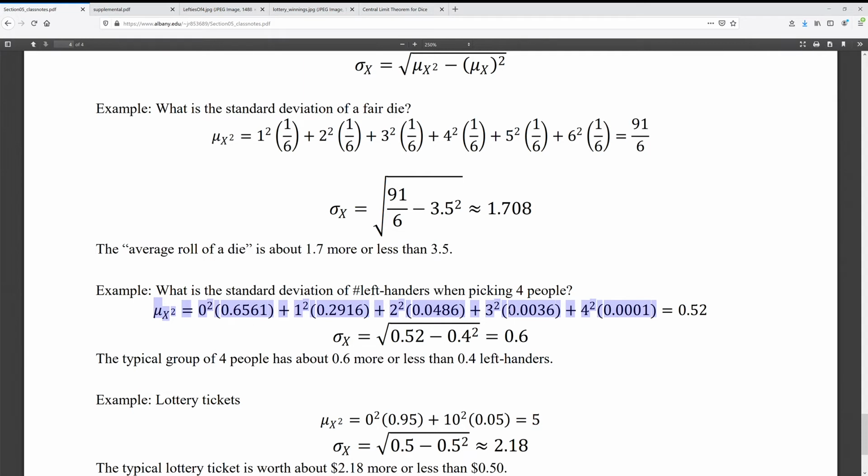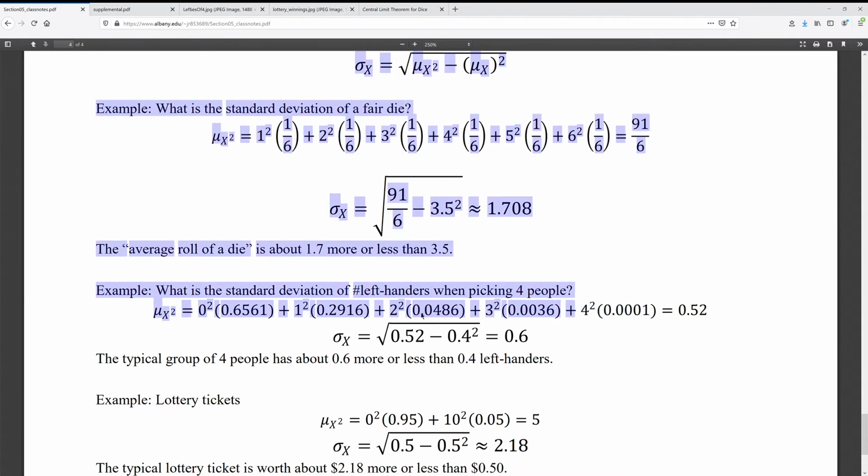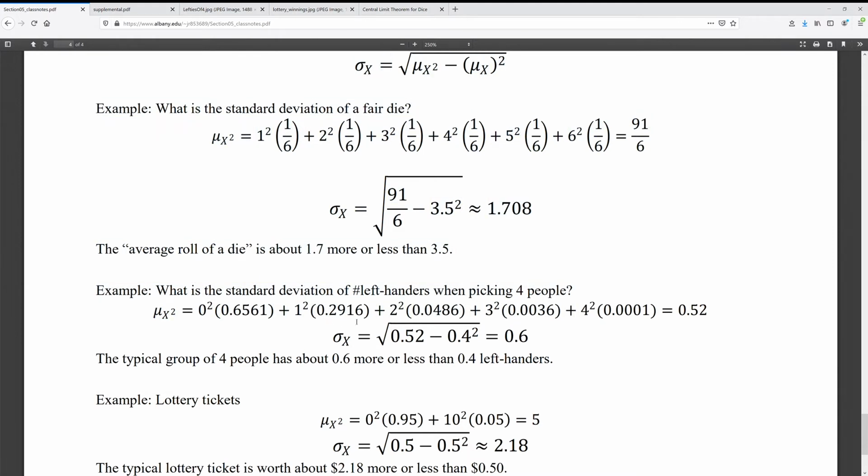The probabilities still have to add up to 1. 0 squared times the probability of being in that situation, plus 1 squared times the probability of being in that situation, plus 2 squared times the probability of being in that situation, and so on and so on. The bottom line is that it'll be 0.2916 plus 4 times that, plus 9 times that, plus 16 times that. And it's exactly 0.52.